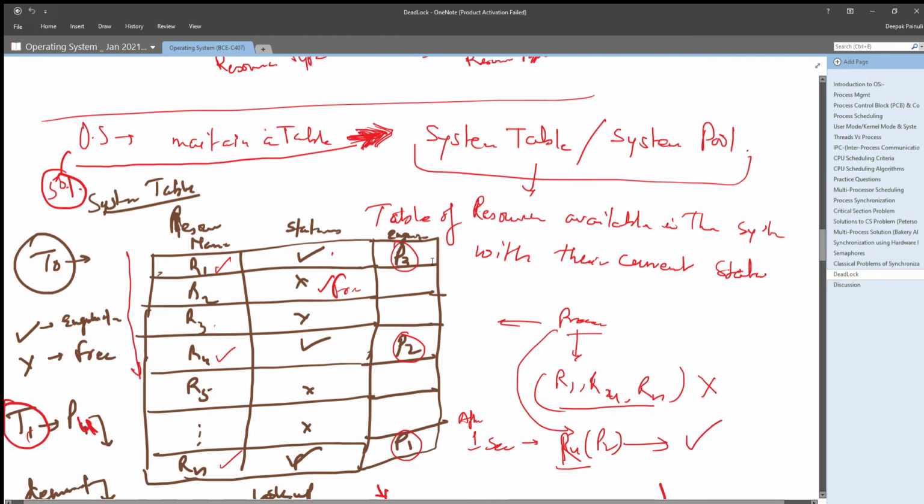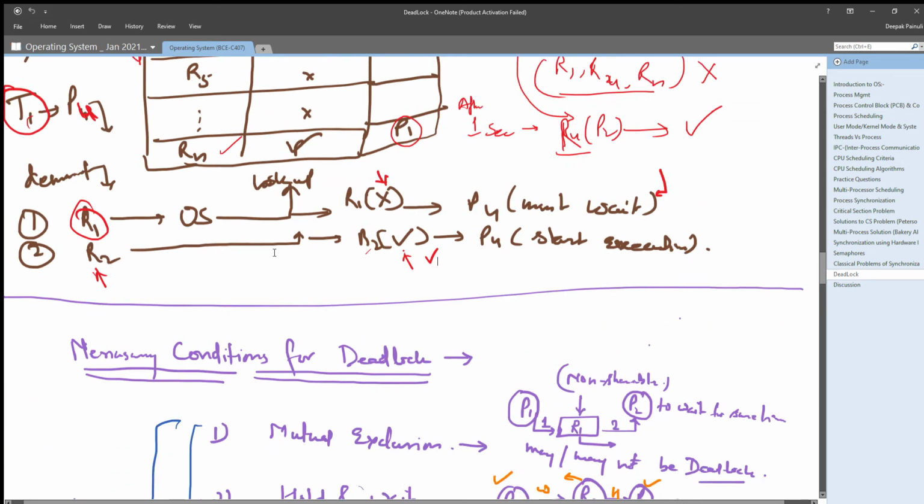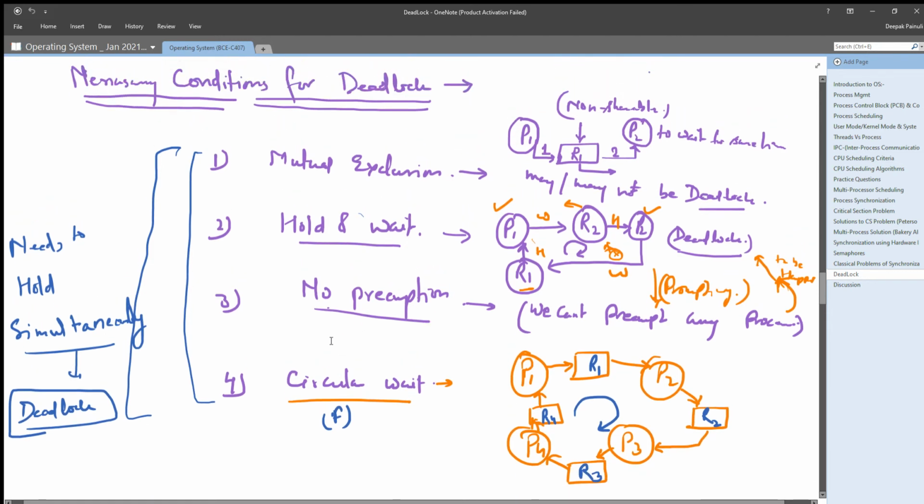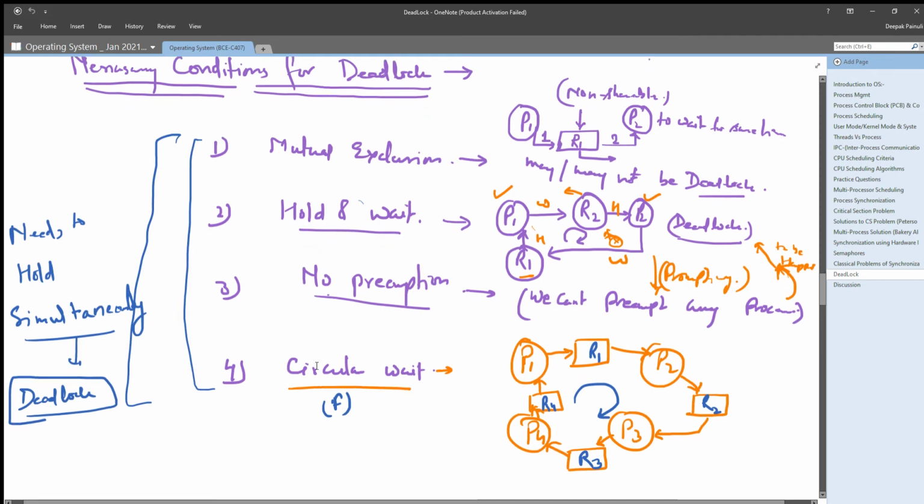And what all things an OS can do against deadlock handling or deadlock avoidance, right? So in the last lecture, we understood the necessary conditions for deadlock: there are four necessary conditions which need to hold simultaneously. Only then can we say that the system is in deadlock, right?